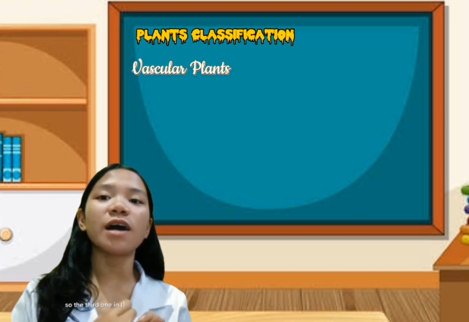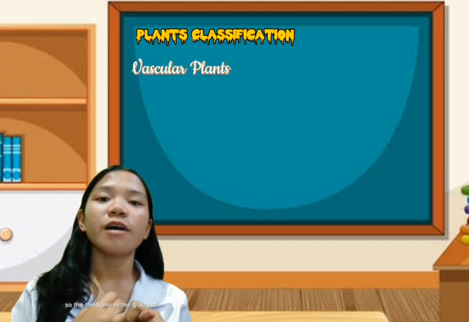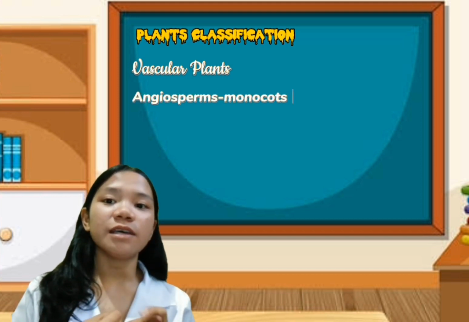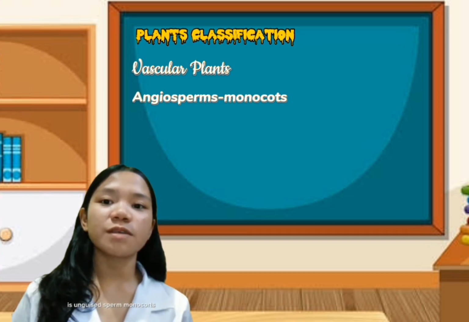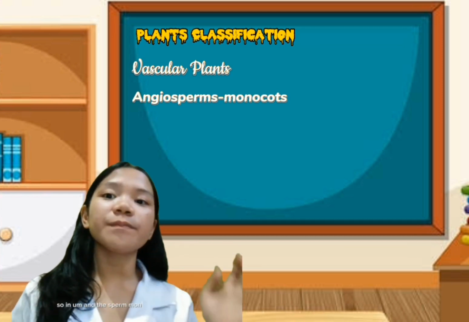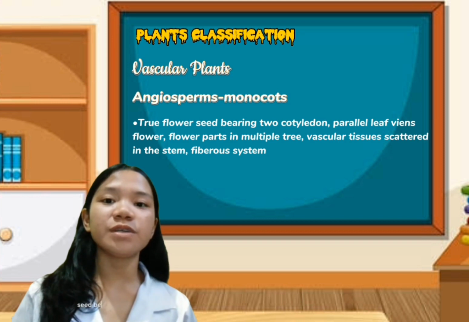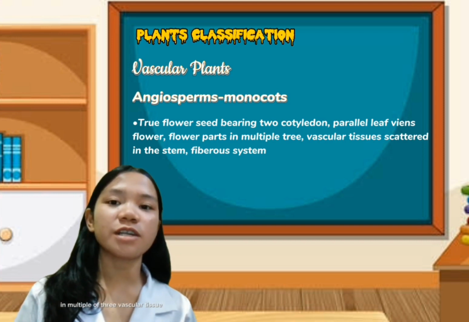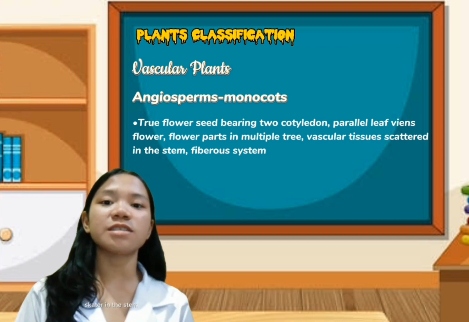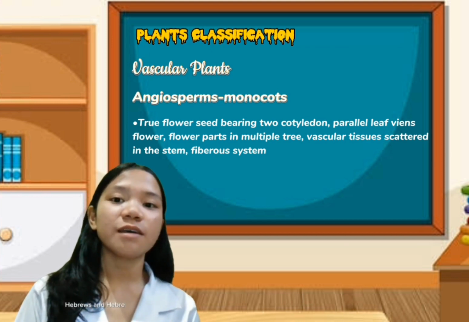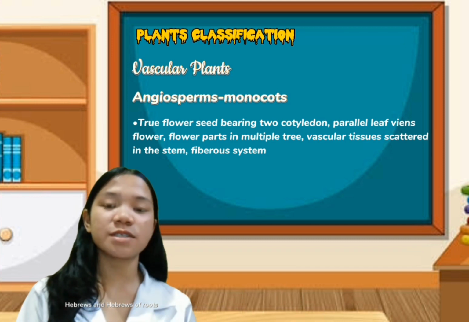So the third one in the group of vascular plants is angiosperm monocots. The major characteristics of these are true flowers, seed-bearing with one cotyledon, parallel leaf veins, flower parts in multiples of 3, vascular tissue scattered in the stem, and fibrous roots.